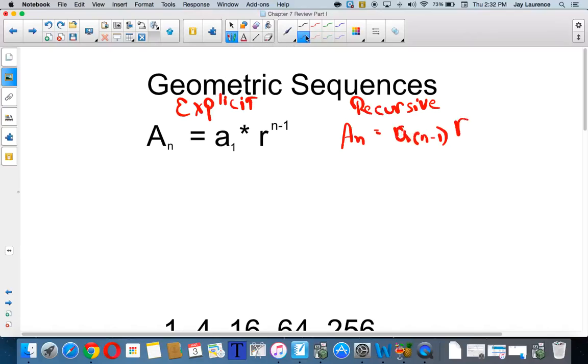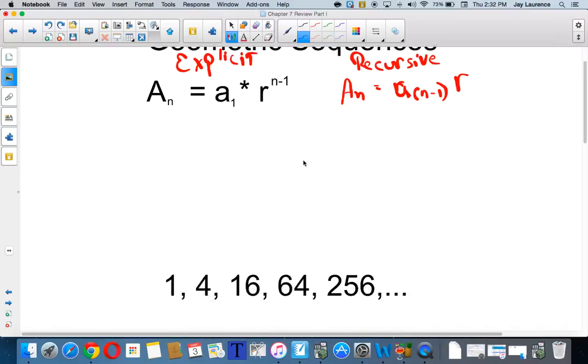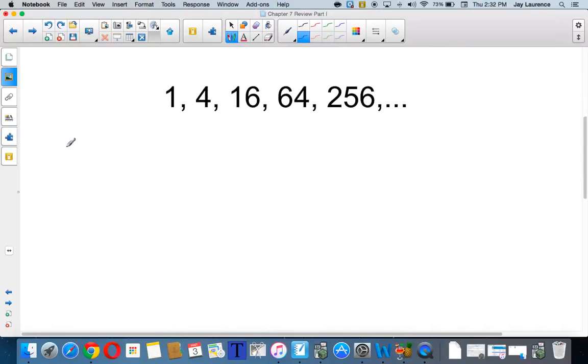So let's use these formulas on these sequences here, and let's try to find the 8th term of this sequence. Well, the first thing I do is I go looking for r. And I can find r by asking myself either what do I multiply this term, the 1, by to turn it into 4, or I can divide the second term by the first, or the third by the second, or the fourth by the third.